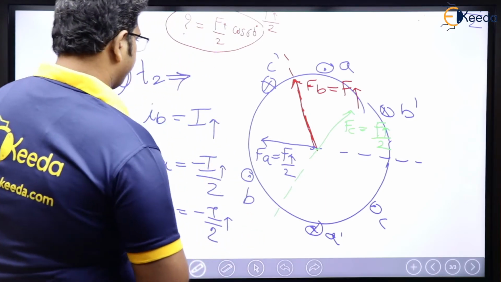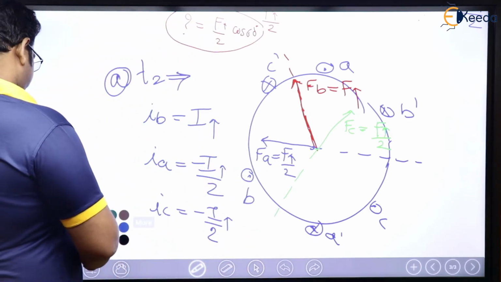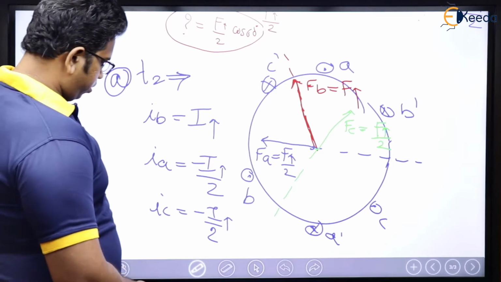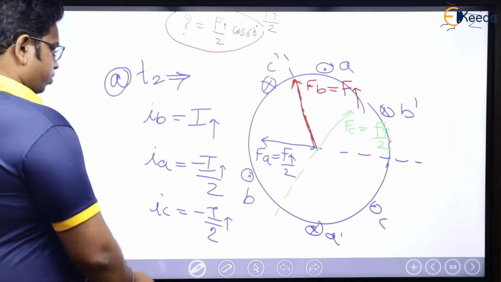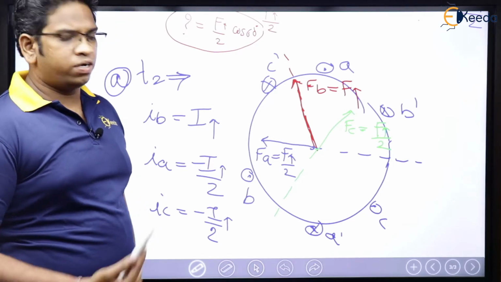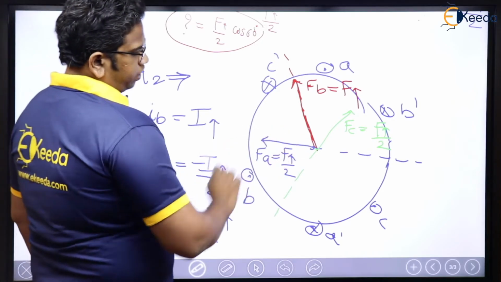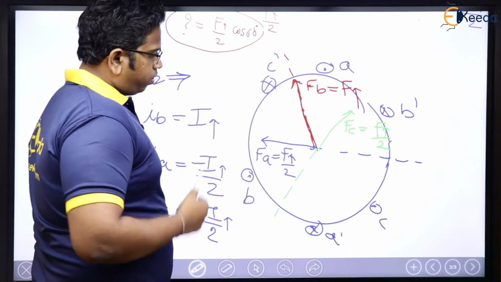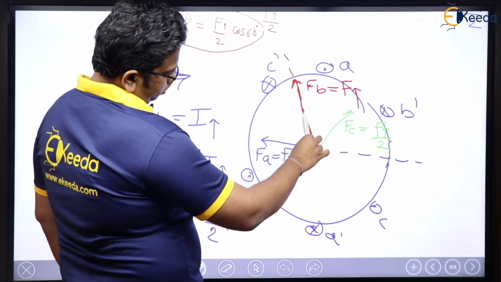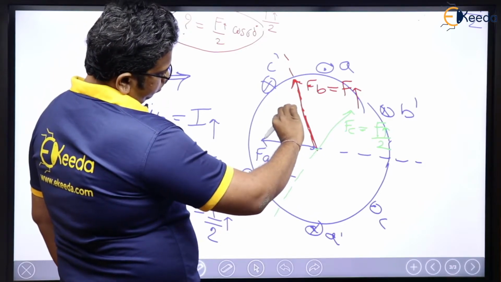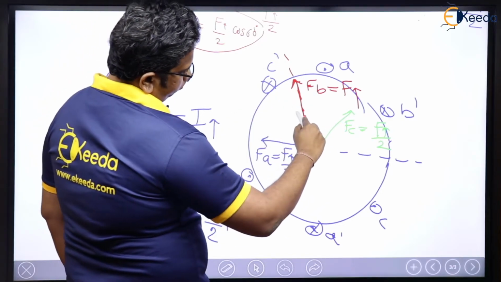Now, see here. As usual, what did we do? The remaining ones, we split them into components. If this is this way, its vertical component will be this way, horizontal component will be this way.